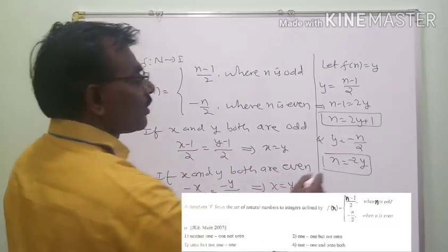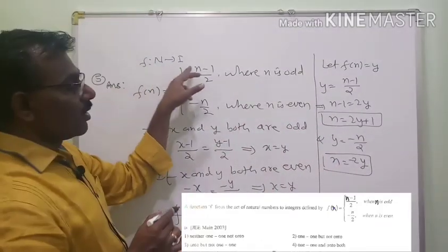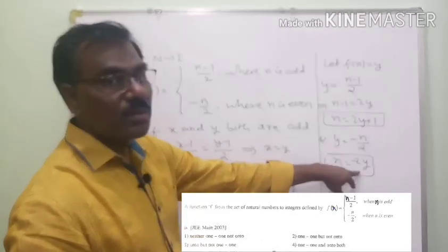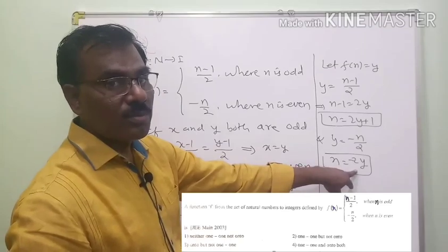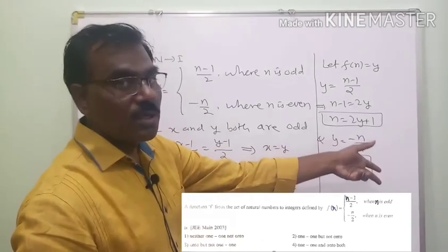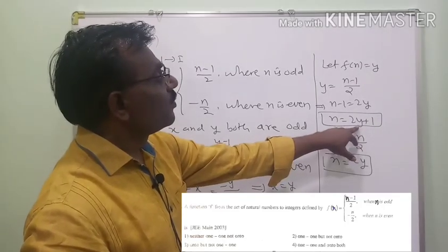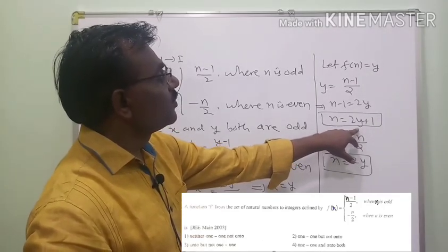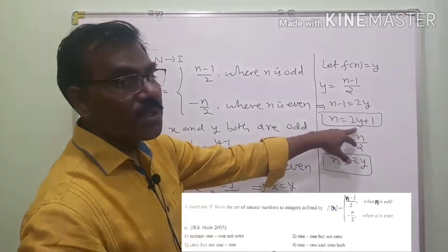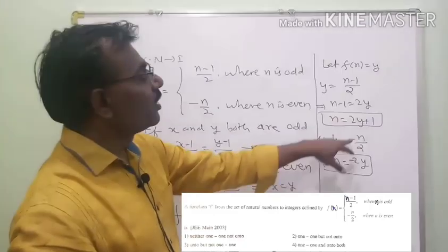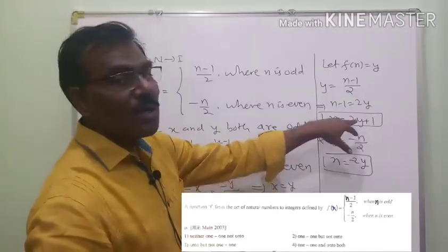Repeating once again: f from N to I, you take a negative integer, what comes? An even natural number. Here in 2y plus 1, you substitute y as a positive integer; negative integers give even, positive integers give odd.